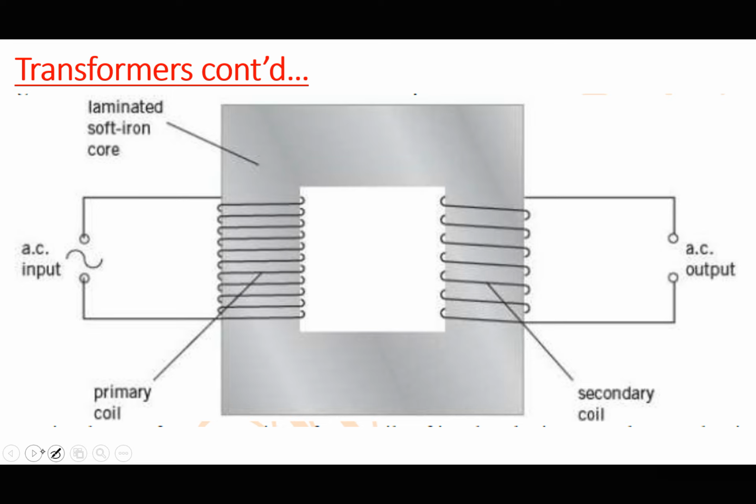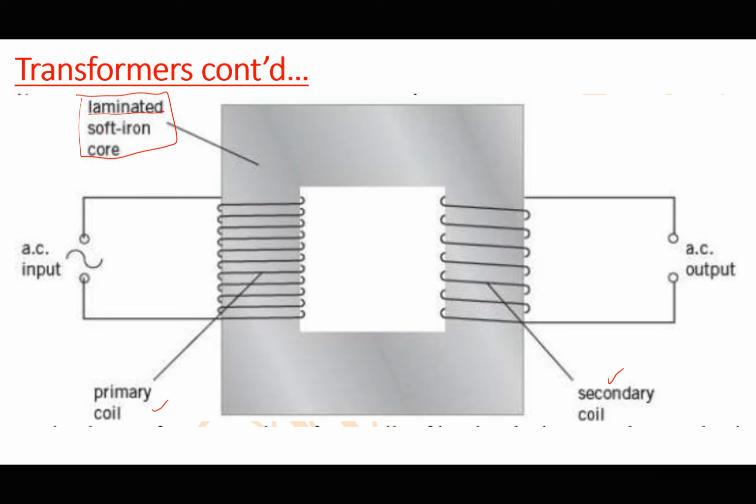Number one, it has insulated wires which make up what we call the primary coil, and insulated wires which make up the secondary coil. The primary coil and the secondary coil are linked via what we call a laminated soft iron core. Laminated, we shall explore the meaning of the word.